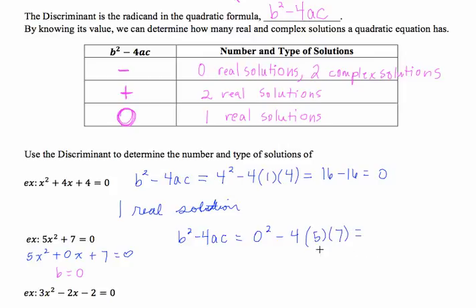So whatever that number is, it's negative, right? That's 35 times 4, which is 140, negative 140. It's negative is the point. So when you solve this quadratic equation, you're going to get this case, 0 real solutions, but there will be 2 complex solutions.